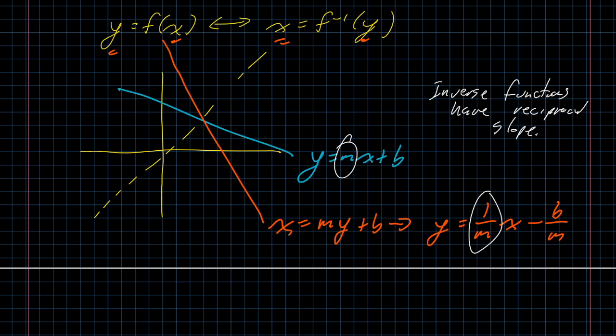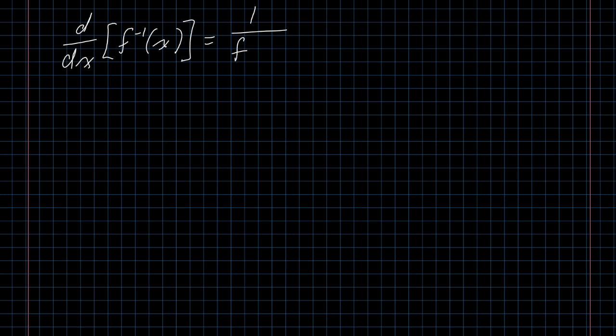I can use that to my advantage here, because the slope of a curve is its derivative. So the derivative of the inverse function is going to be 1 over the derivative of the original function evaluated at, well, whatever point the inverse function spits out.